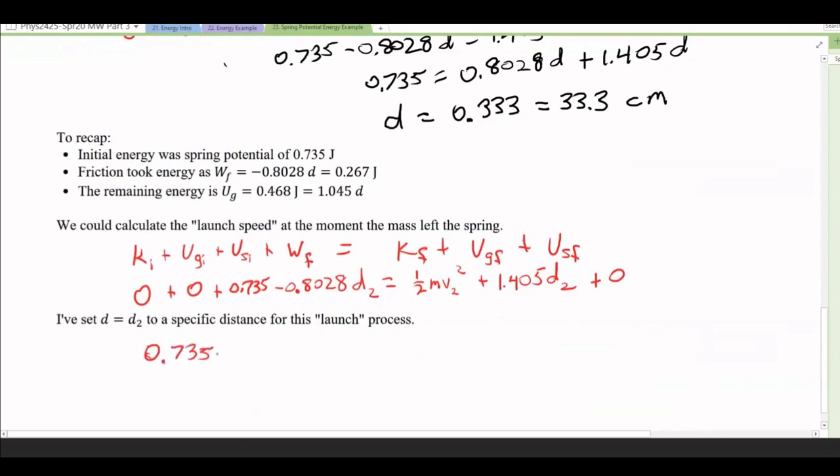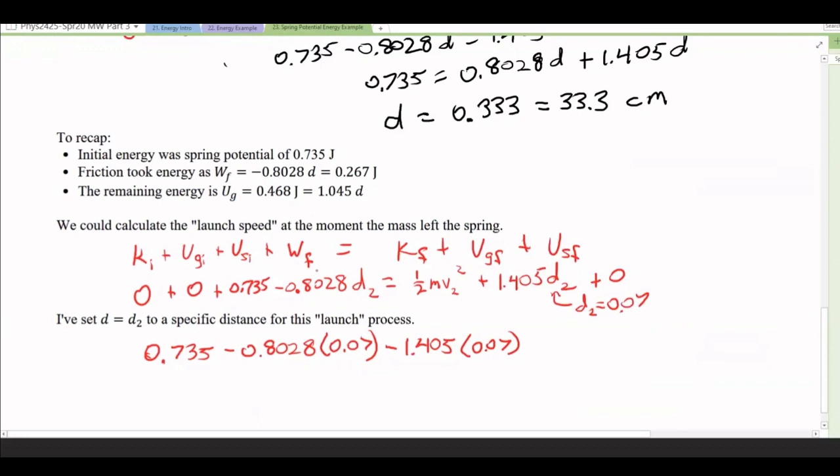And we're basically going to have 0.735 minus 0.8028 times 0.07. That's the distance traveled between the very bottom and the point where the spring lets go. And then 1.405 times 0.07. D2 equals 0.07.